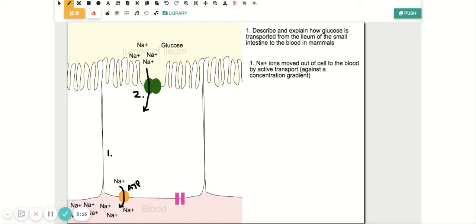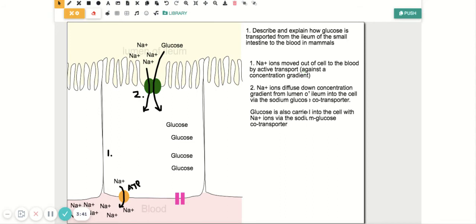Glucose in the ileum can actually hitch a ride on that co-transporter and is transported in with the sodium ions. What does that mean? Well, it means that you've suddenly got an increased glucose concentration inside the cell. So that's step 2. So if you want to read that, check your answer.